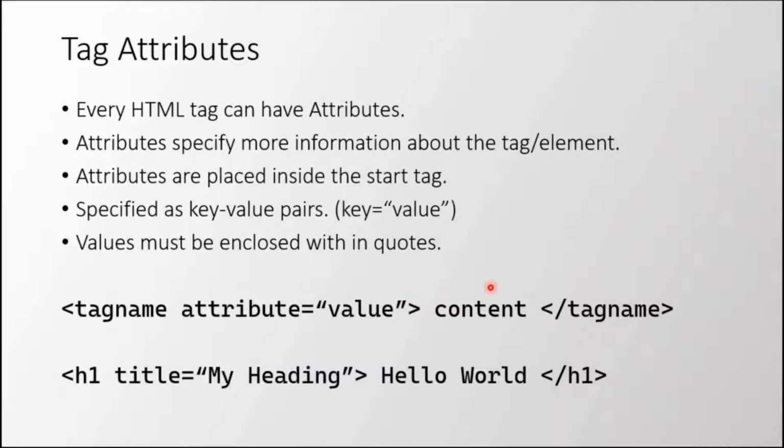Attributes specify additional information for every HTML element. They are specified as key value pairs, and they are placed inside a start tag. You cannot place an attribute in the end tag. You can only place an attribute in a start tag. Always the value must be enclosed in double quotes, or you can even use single quotes, but double quotes are preferred.